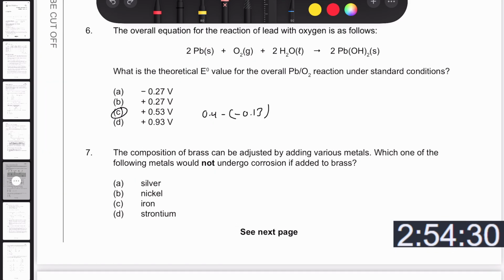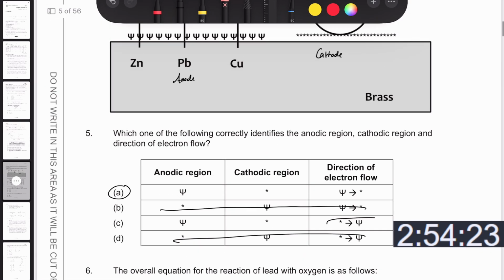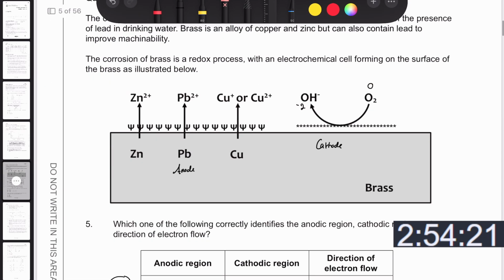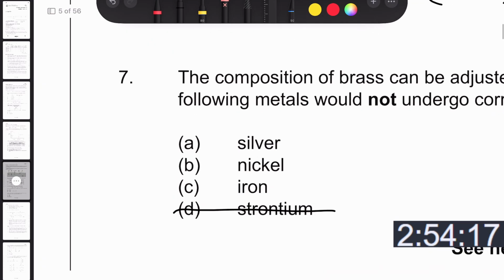I think this would. Where's the highest one? Copper, probably. Yeah, copper. So anything above copper would not, and it's only silver, Ag, because nickel would and iron would.